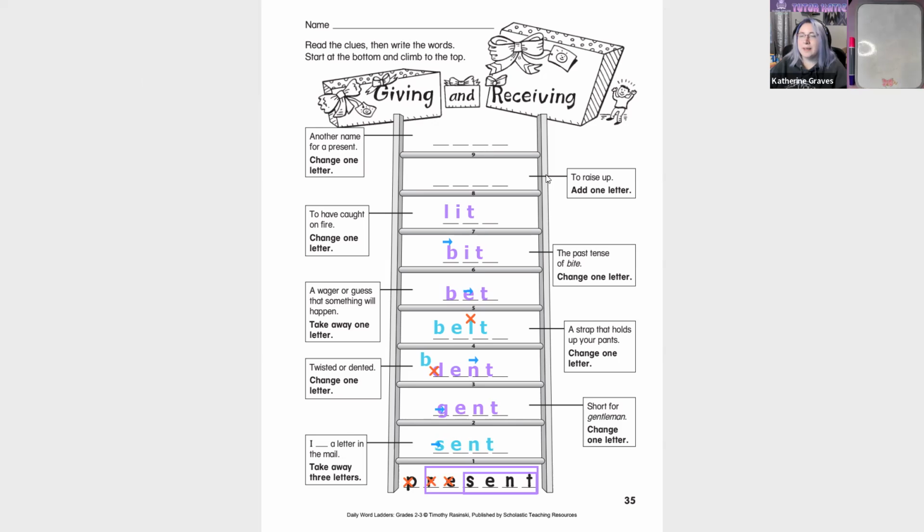To raise up, add one letter. Raise it up, you pick it up. There's a box on the floor and you lift it. Sometimes guys that go to the gym will ask each other, bruh, do you even lift?